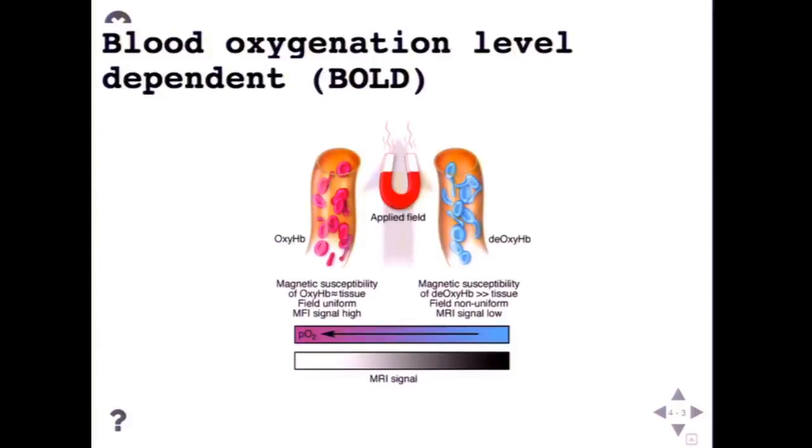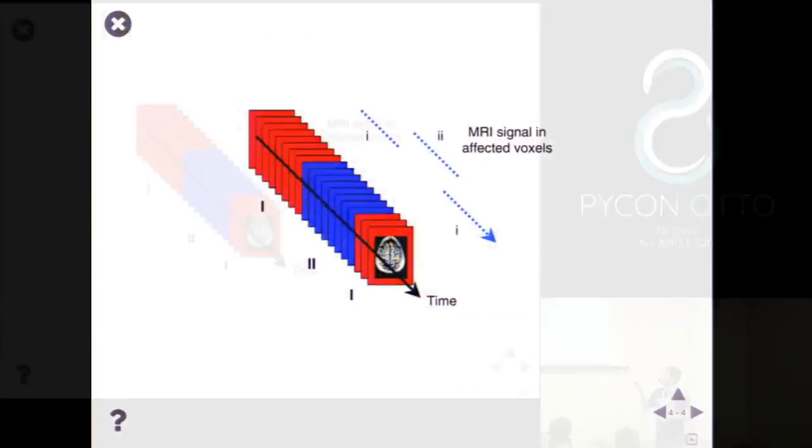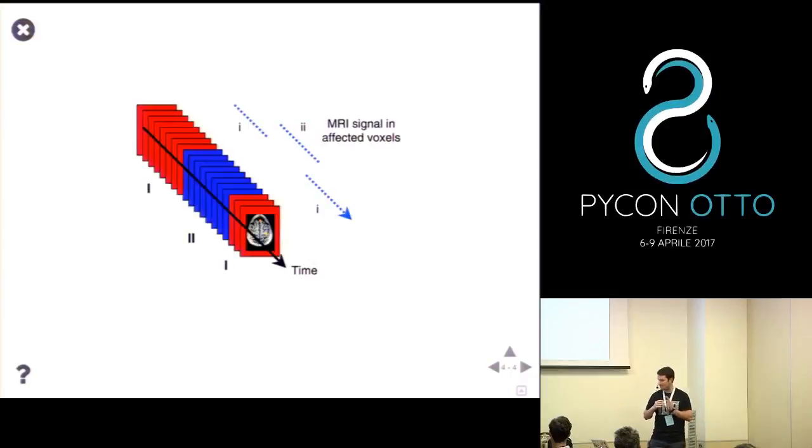So I'm going to talk about fMRI, which is basically measuring oxygen consumption and blood flow of the brain. It's a signal known as BOLD. Functional MRI takes many volumes of the brain in time, and it acquires one slice at a time, and then it goes back.